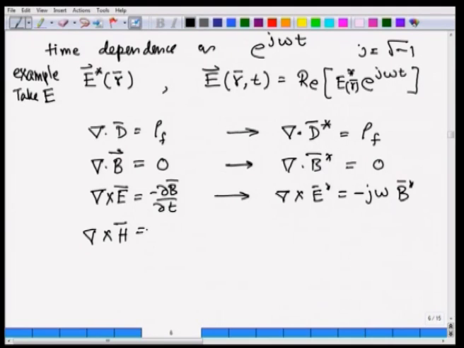is equal to J plus del D by del t, which translates into curl of H star equals J plus j omega D star. Remember, this j omega again comes from del t, and since the time dependence is always like this, j omega shows up here.